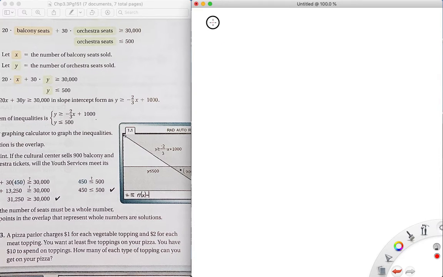So $1 for vegetable toppings, so we could just say 1V plus $2 for meat toppings. And we have $10 to spend. So that's going to be less than or equal to $10.